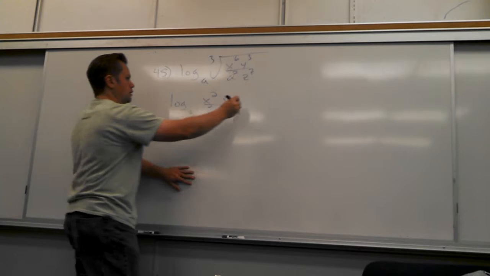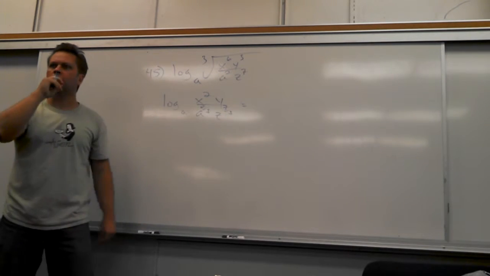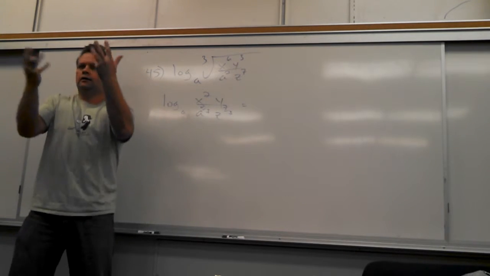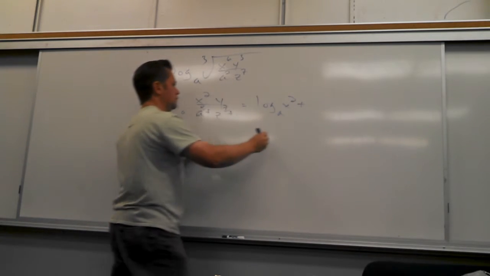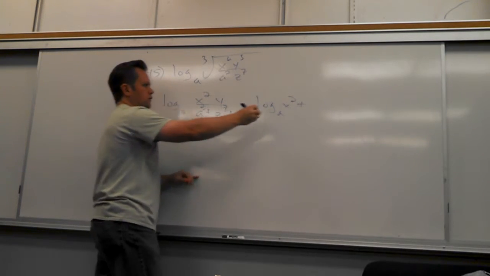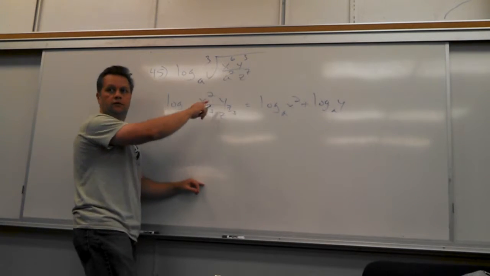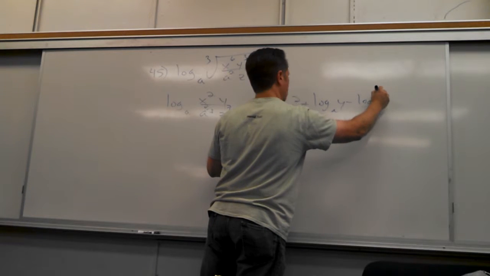These are multiplying, but so are these, and that's what throws people off. But they're both multiplying on the bottom, so overall they're both dividing. So it'll be positive log of x squared plus positive log of y. When I hit this one, I have to write minus log of a.